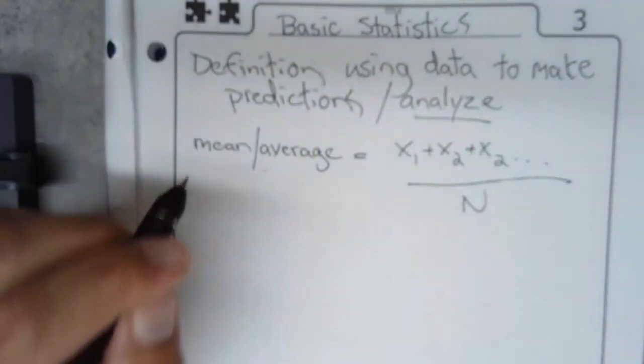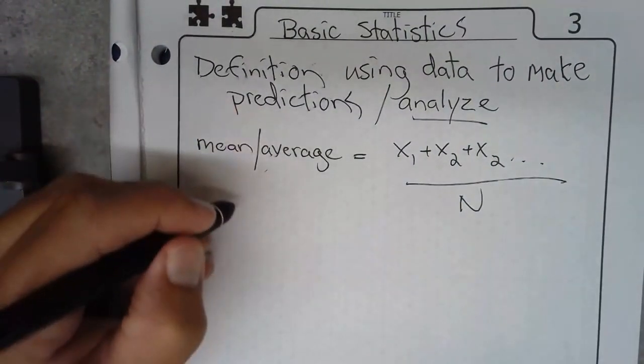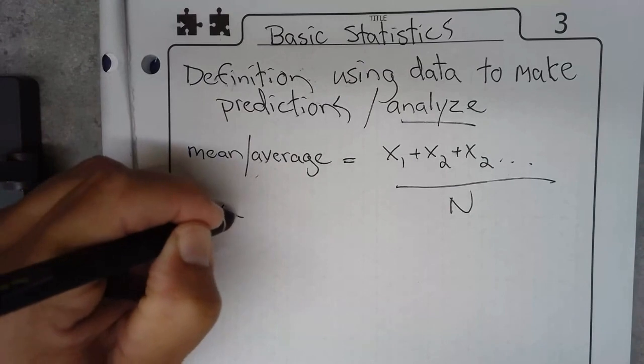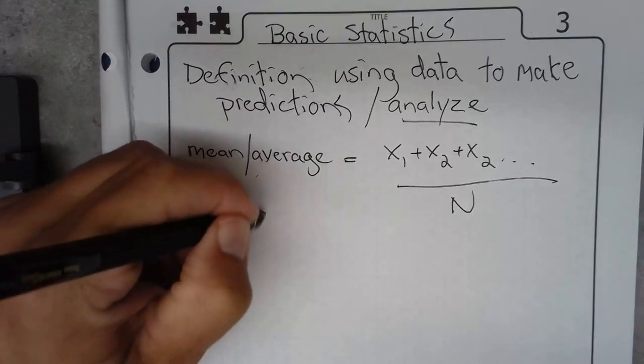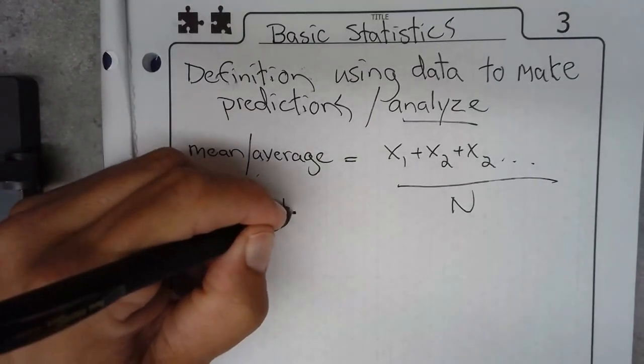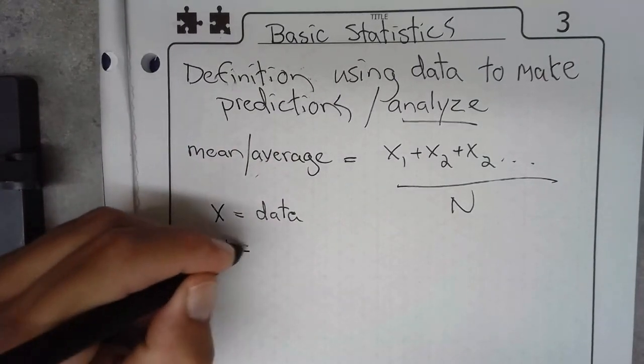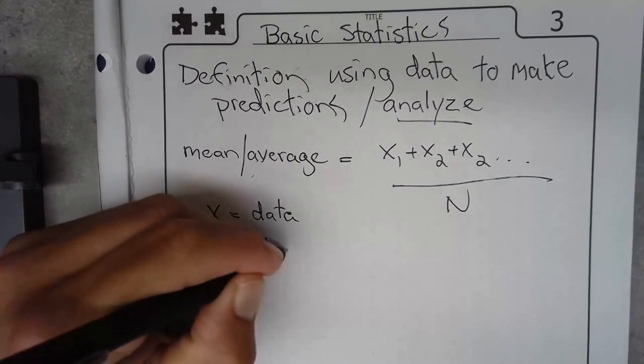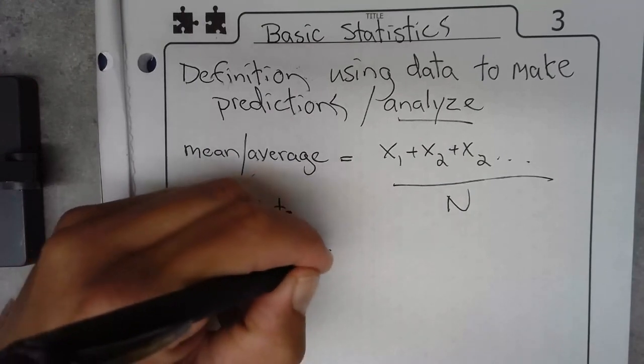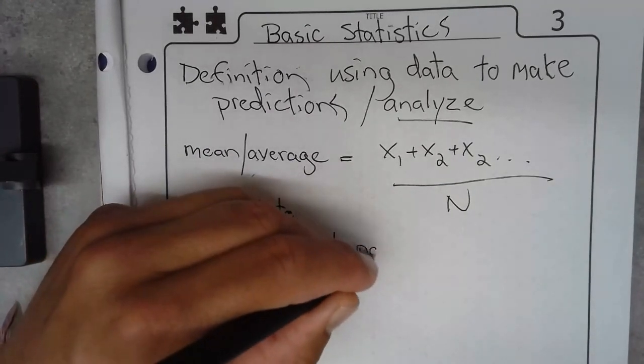You would add up that data and divide by n, which is the number of data. So x would be the data, and n would be the number of data points.